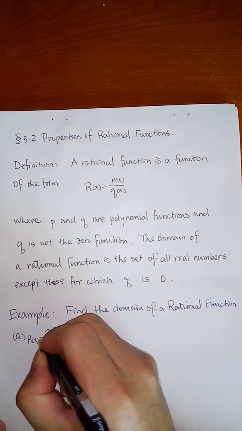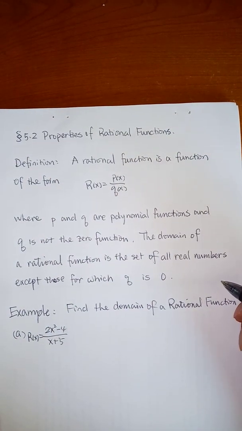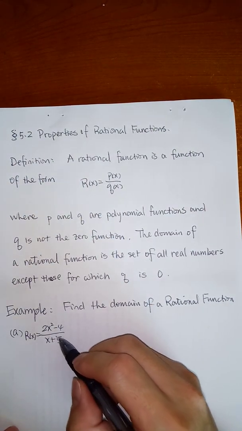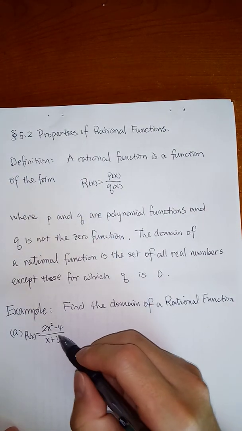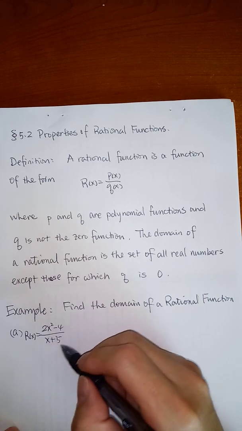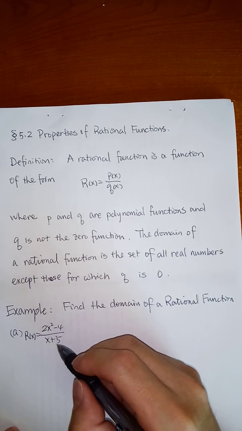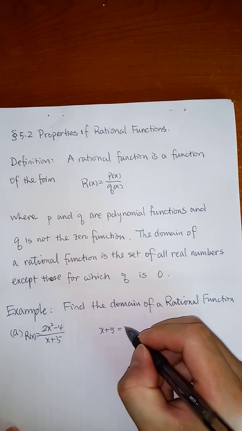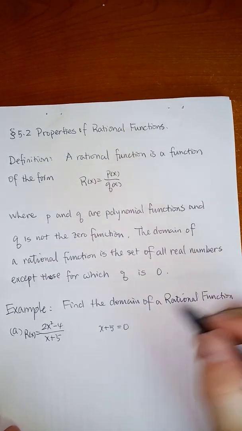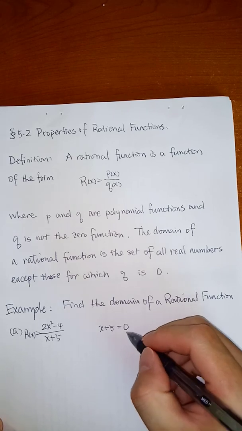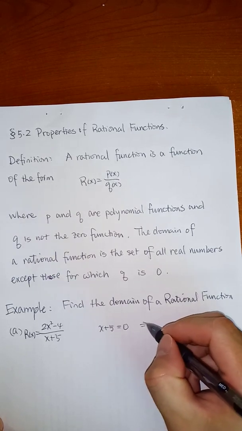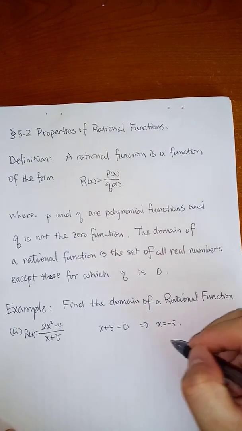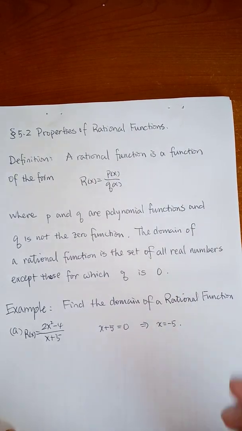What is the domain? The domain is the set of all real numbers except the number for which q is 0. So we have to study the solution of this equation. You let the denominator q equal to 0, you find the solution. This is the number we have to exclude.